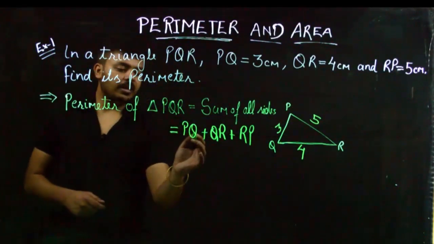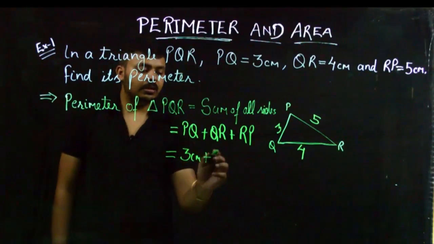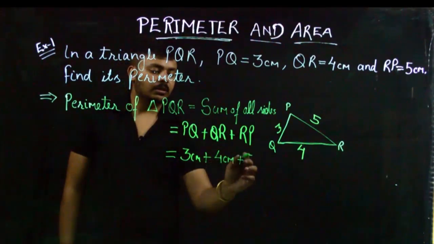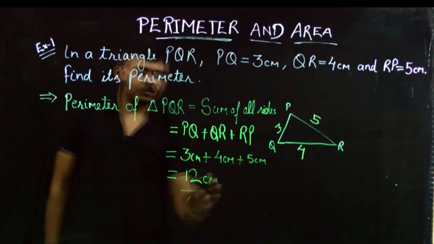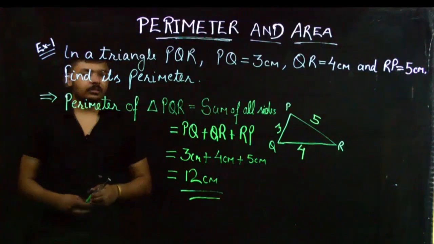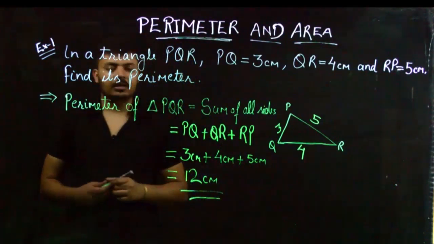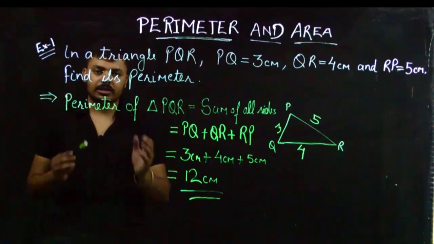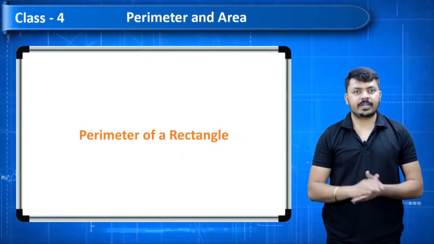So when we add all the three sides, they are 3 cm plus 4 cm plus 5 cm, which is equal to 12 cm. So the perimeter of triangle PQR is 12 cm. I hope students you have understood how to find the perimeter of a triangle when all the three sides of a triangle are given.